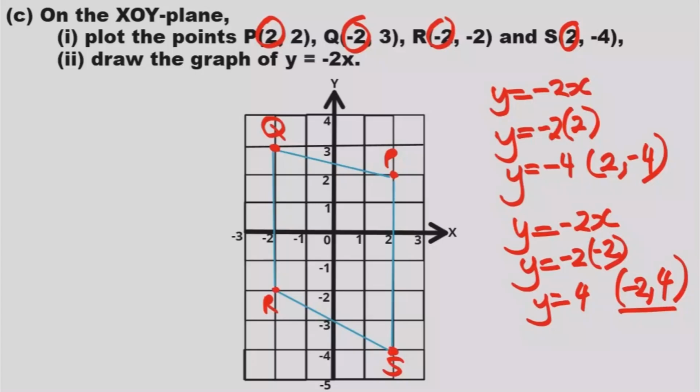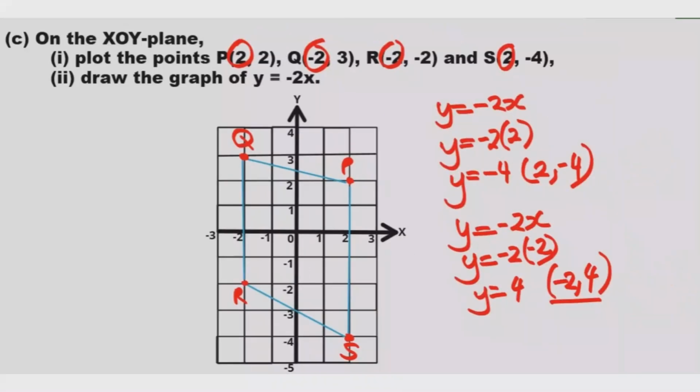So we can now plot those. So we start with 2, negative 4. So 2, negative 4 is this point. Okay, let me use a different color. So I say 2, negative 4 is this point. 2, negative 4, the point 2, negative 4 is this point. 2, that is for x-axis, negative.